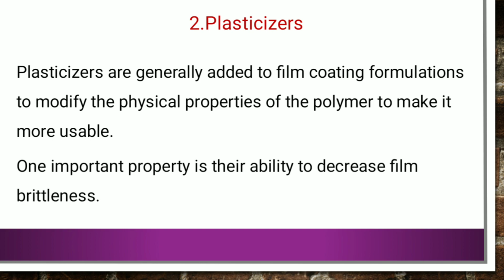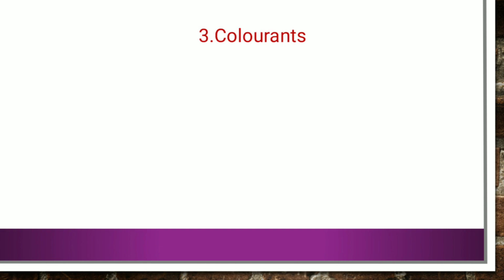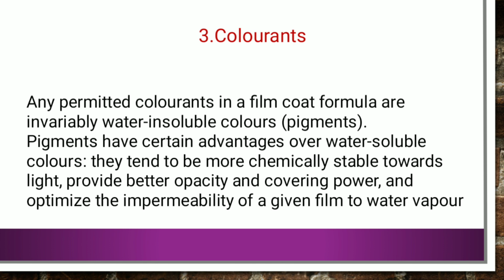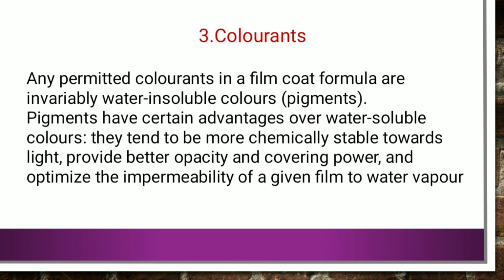Then the next one is colorants. So the various colorants that are permitted in the film coat formulation are invariably water soluble pigments or colors. Then pigments have certain advantages over water soluble colors.